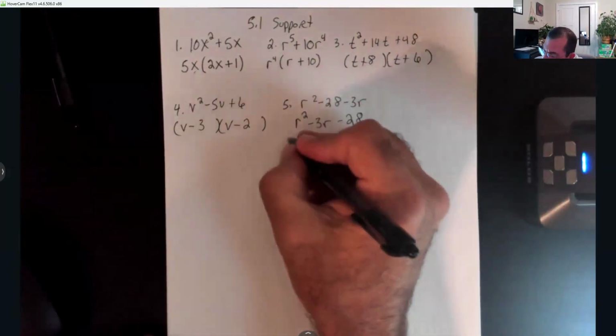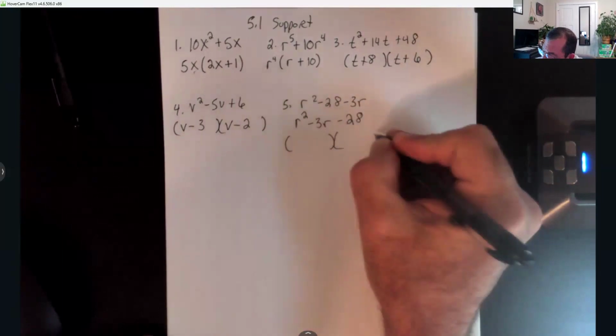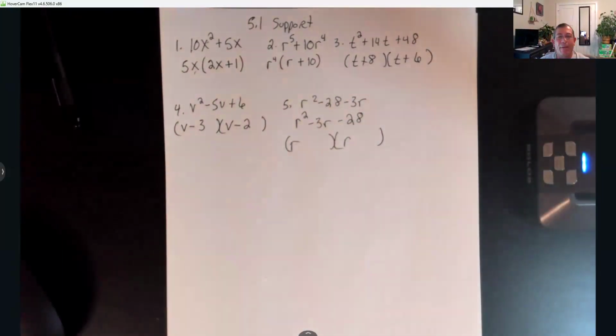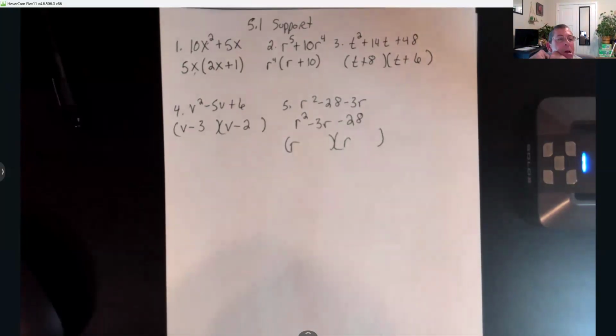All right, now we'll factor this. So I know I got an r and an r. So y'all, what's going into parentheses? Okay, 7 and 4, good job.